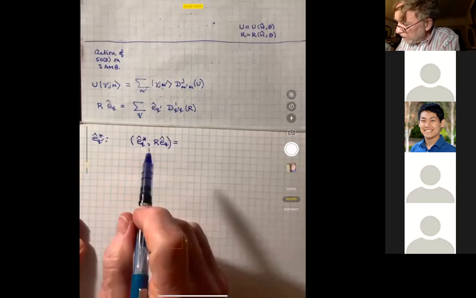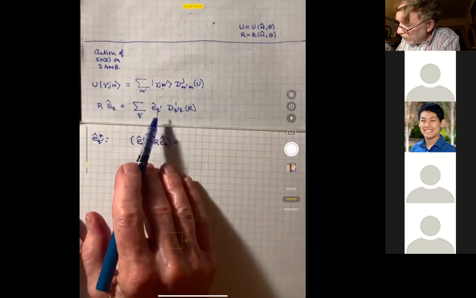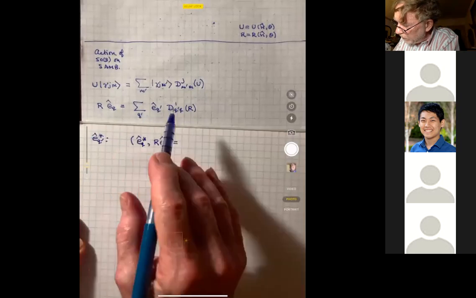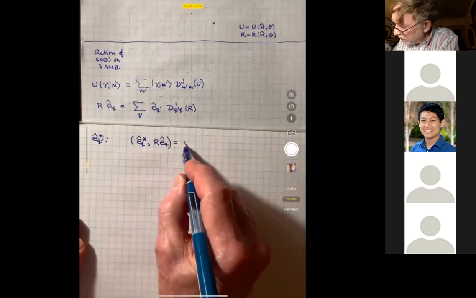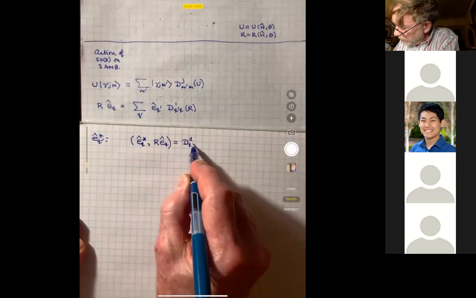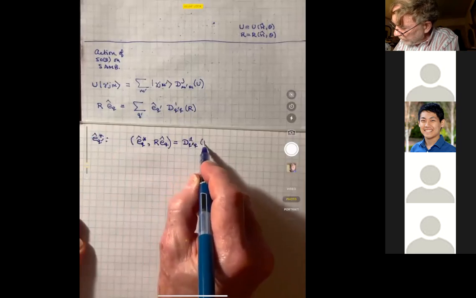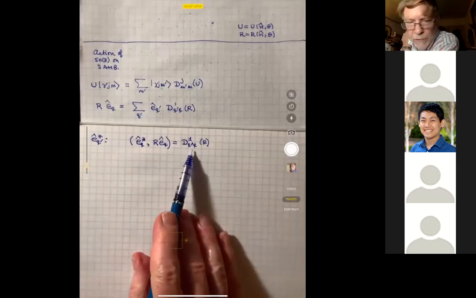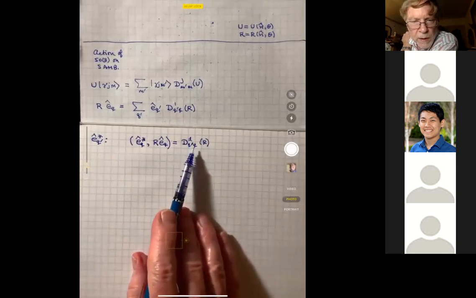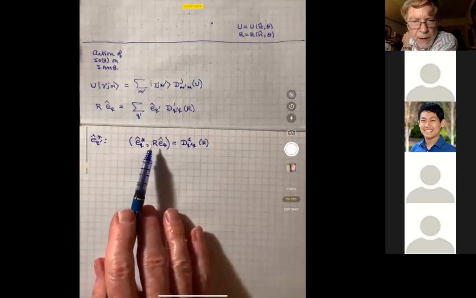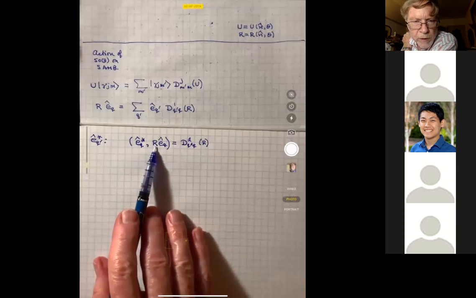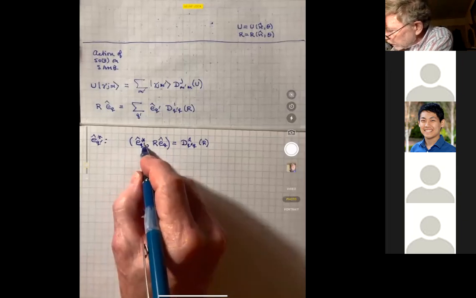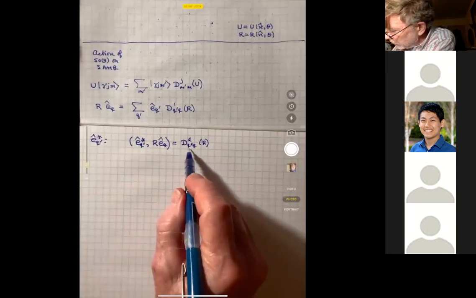On the right-hand side, because of the orthonormality, you're going to pick out the one coefficient, which is the D matrix, D1 q prime q of R. What you can see is that the D1 matrix for j equals 1 is actually the matrix elements of the classical rotation matrix with respect to the spherical basis. This should have been a prime here, q prime on the left.